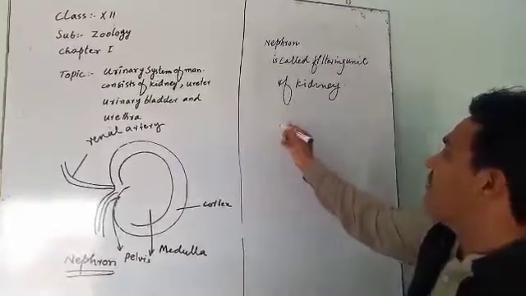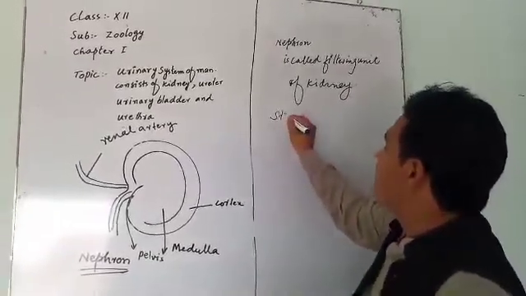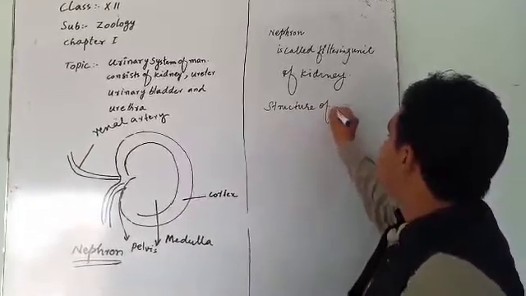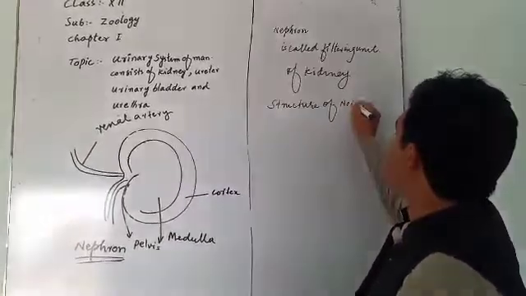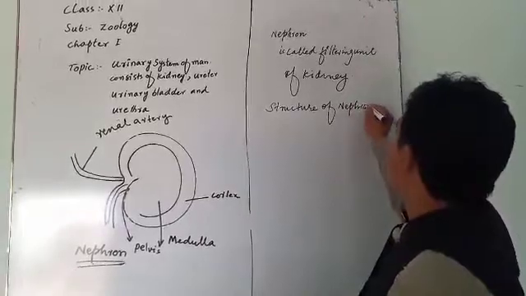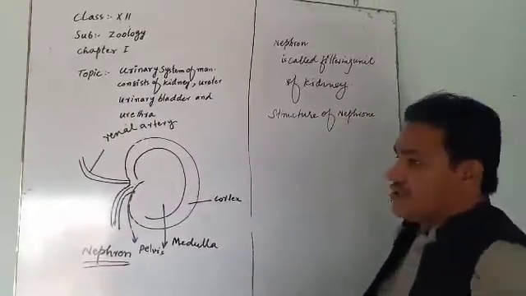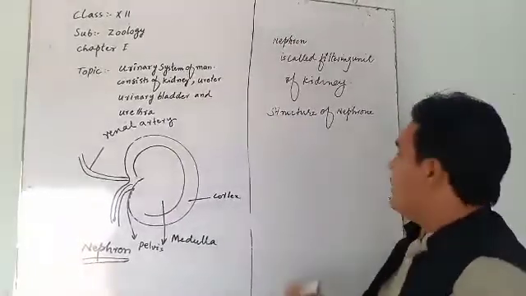Now, structure of the nephron. Each nephron is composed of the following structures.